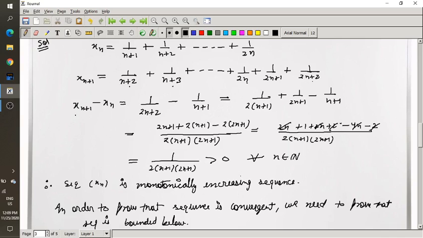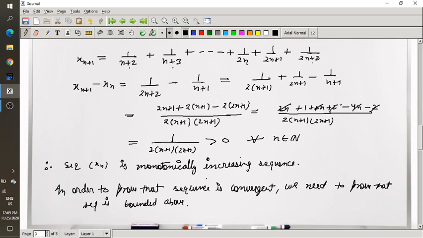Monotonically increasing sequence, because xn plus 1 minus xn is strictly greater than 0. The numerator is 1, the denominator is positive. So in order to prove that the sequence is convergent, we need to prove that the sequence is what? Bounded above, because it is now increasing.